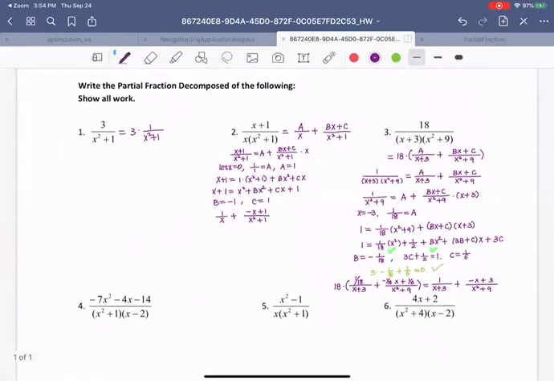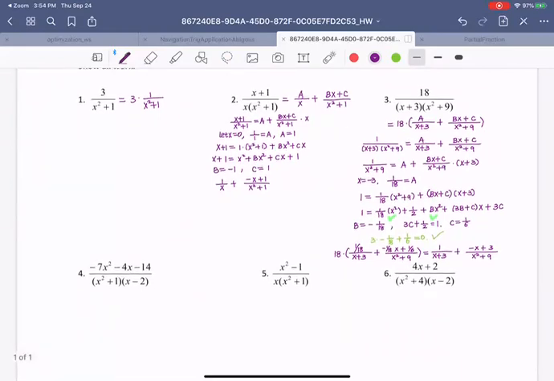Let's see. Let me compare this shape. Previously this is to the order of 1. This is to the order of 2.